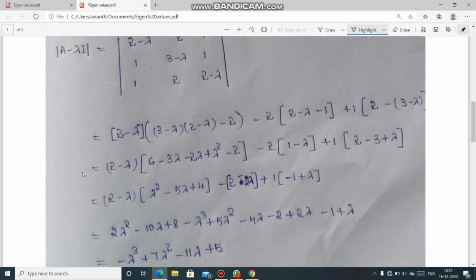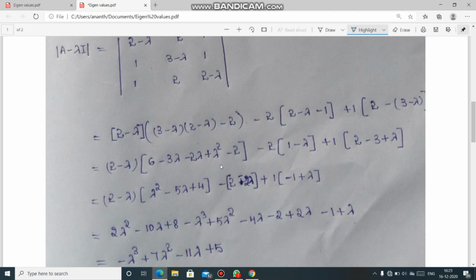Now we get (2-λ)[6 - 3λ - 2λ + λ²- 2] - 2[2 - λ - 1] + 1[2 - 3 + λ].